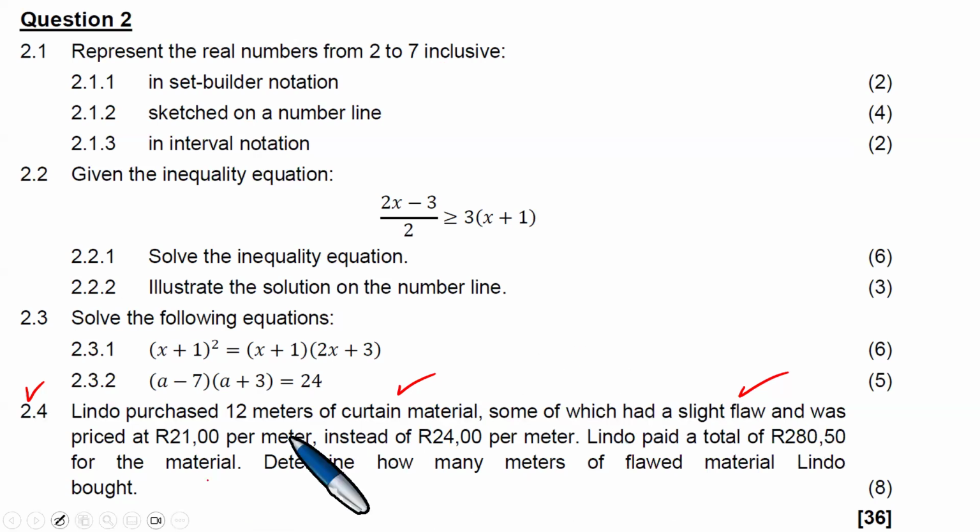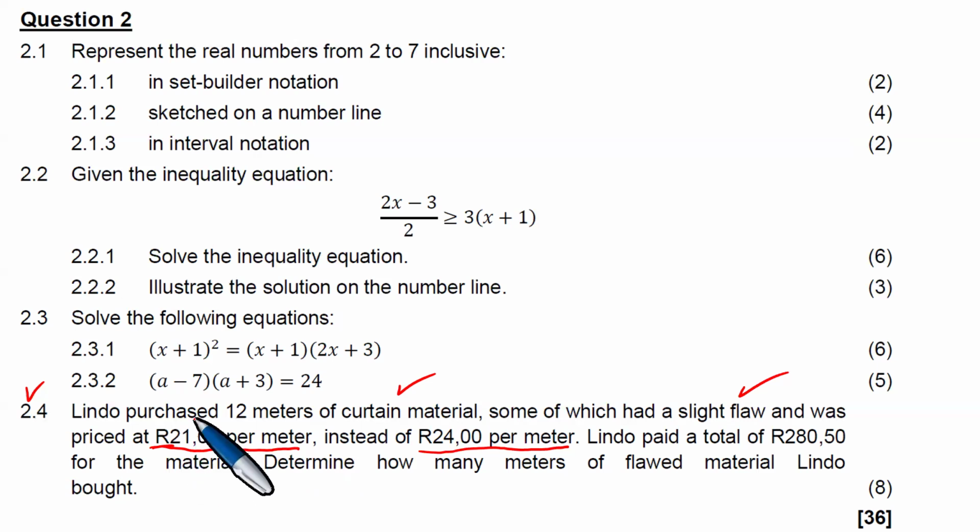Maybe it's torn in some parts, and was priced at less, because the normal price is 24 Rand per meter for the curtain. So if Lindo buys this curtain, Lindo is going to pay 24 Rand per meter. But the person selling in the shop says, okay Lindo, because you can see that this curtain is damaged here, you go to the manager of the store and say, manager, it's damaged here.